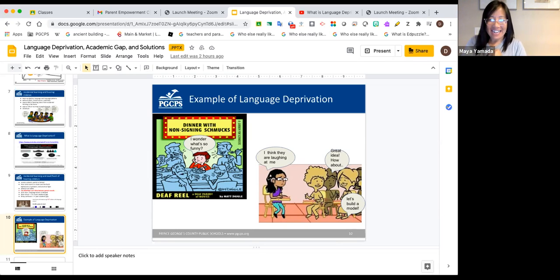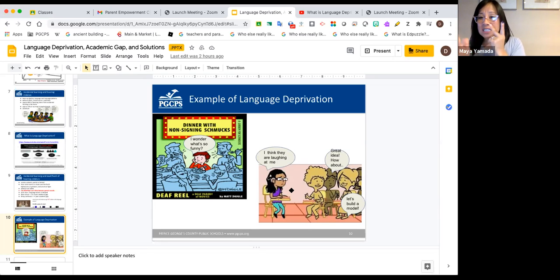Okay, all right. And over here in the next picture, if you see that young girl in school, she maybe goes to a mainstream school or she's the only student with a hearing loss, and her classmates, her peers who can hear, are having a group discussion, and she's not sure what they're talking about.